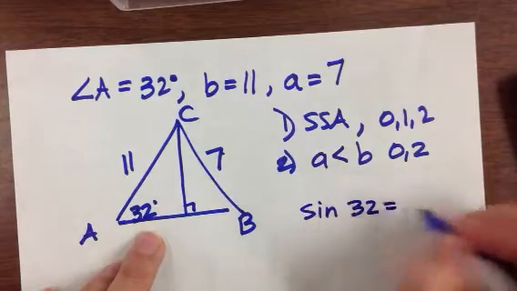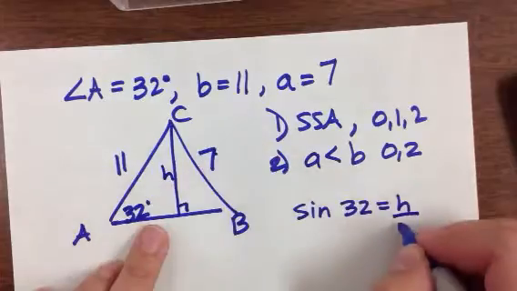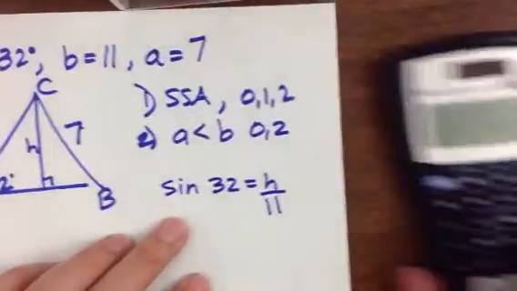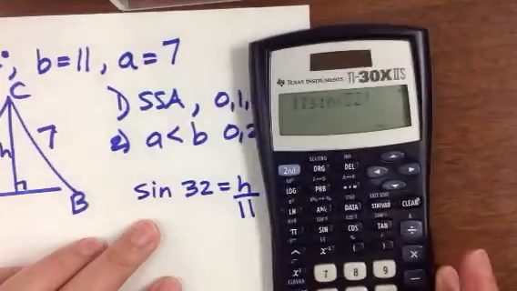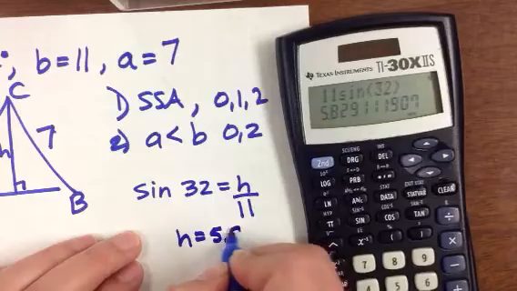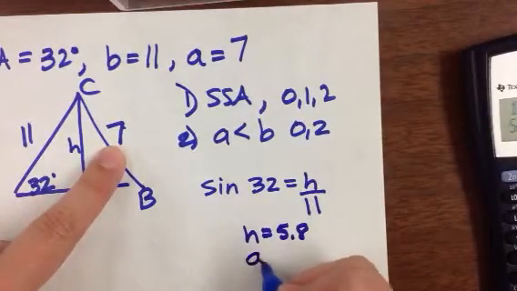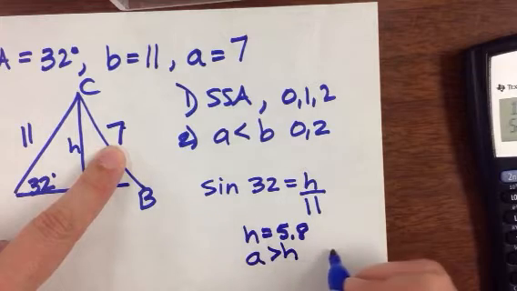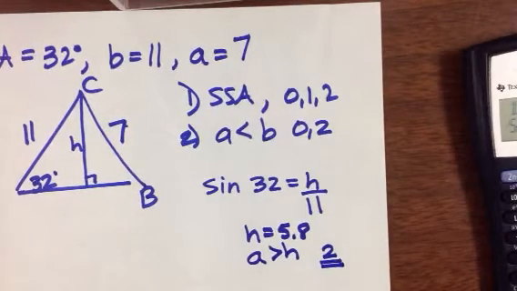Sine of 32 equals the height opposite over hypotenuse. So I solve that. 11 sine of 32 gives me a height of 5.8. So we look back, a is greater than the height, therefore I have 2 solutions. So I'm going to have 2 solutions here.